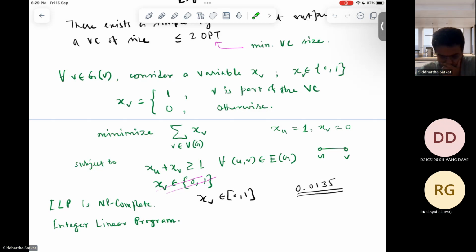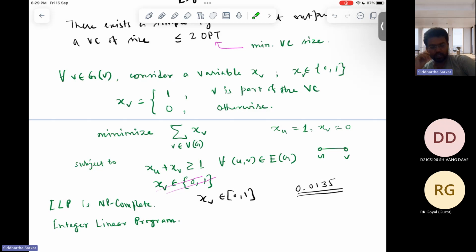Yes, go ahead. So since now I have the solution with this fractional value, I could have replaced this quantity by 1. So I would be getting a slightly larger vertex cover, but then at least I would have a solution in my head. Okay. So you are saying that for every non-zero variable, you are going to take the corresponding vertex into the vertex cover. Yes. Okay.